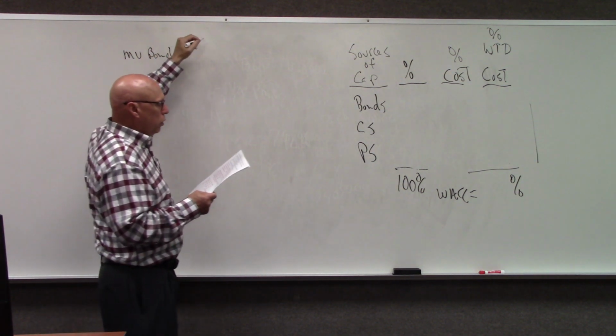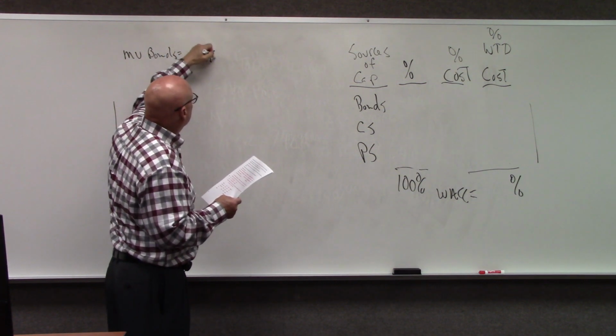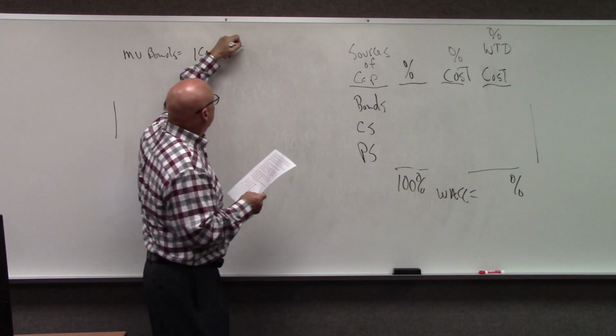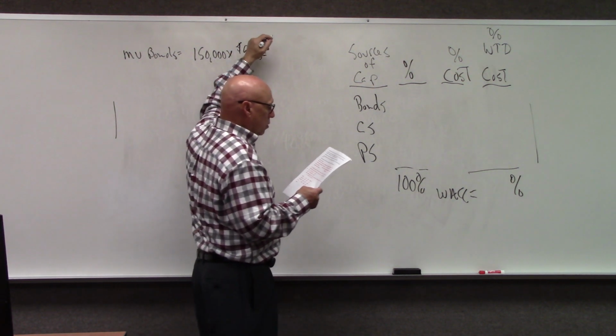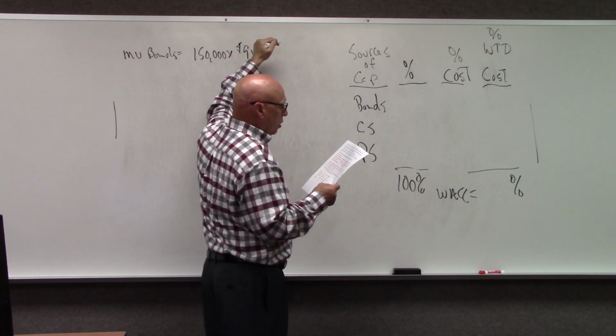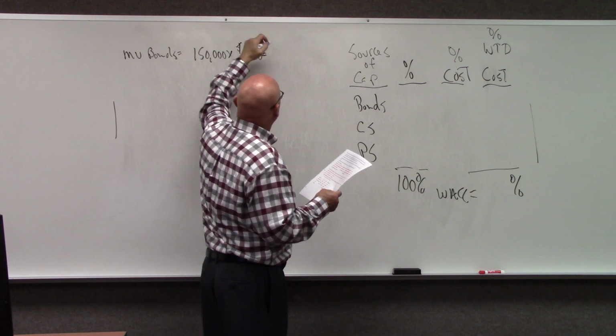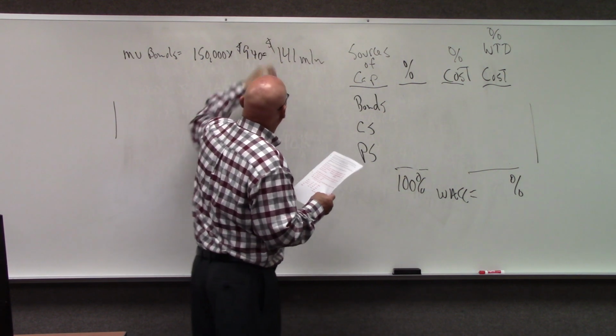And so, we have 150,000 bonds trading at $940. And we have $141 million. 141 million. Let's do that.